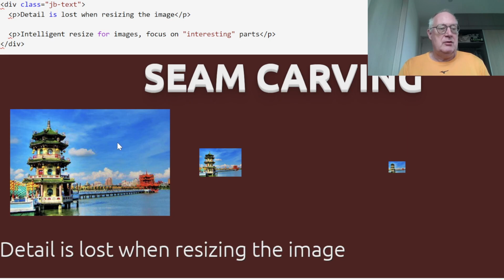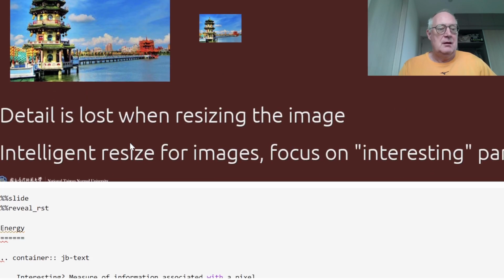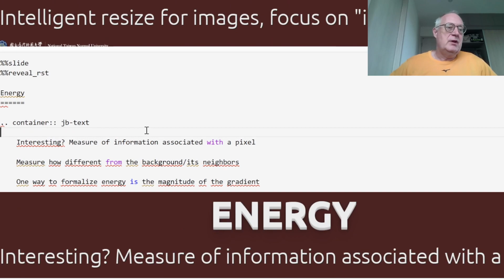So one could argue that if there is a uniform colored shape, like everything is red, like a stop sign, then each individual pixel within that stop sign is really not that interesting. Similarly here, for the sky, the blue pixels in the sky really are not much different from its neighboring pixels. So we can then say that we approximate the interestingness of a pixel by how different it is from the background, from its neighbors.